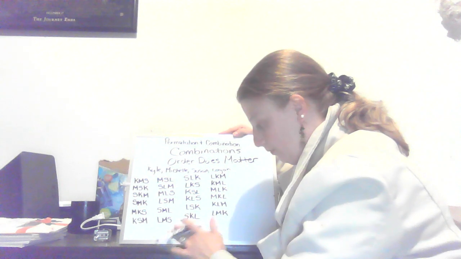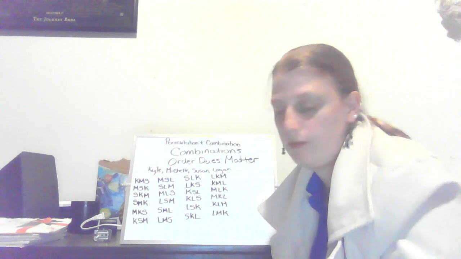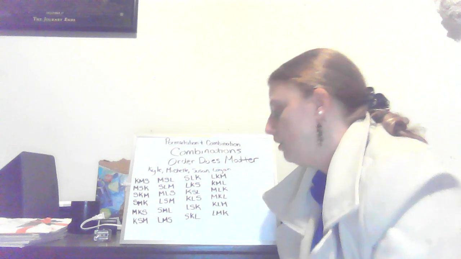And 24 would not be our answer, so we're going to erase 24. Now, as I stated, with combinations, you can't have the same sets repeat over and over again.